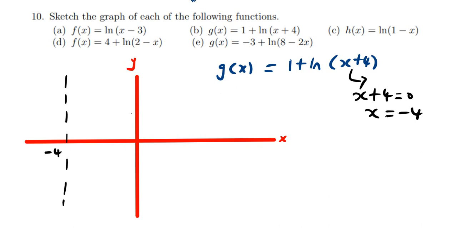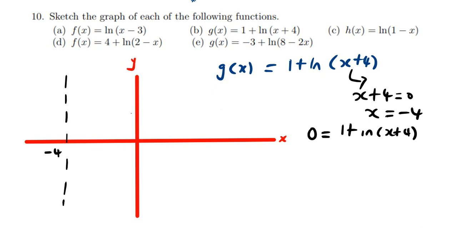Let's find the x-intercept, where our graph is going to cut the x-axis, and there we know that y equals 0. So 0 equals 1 plus natural log of x plus 4.